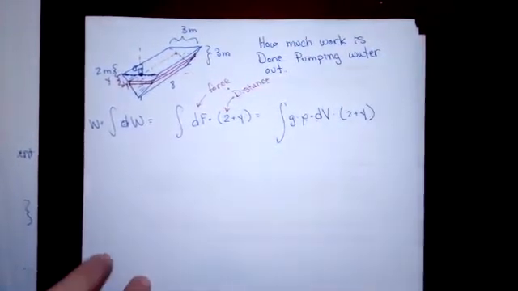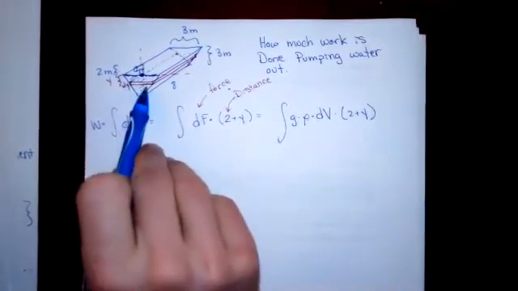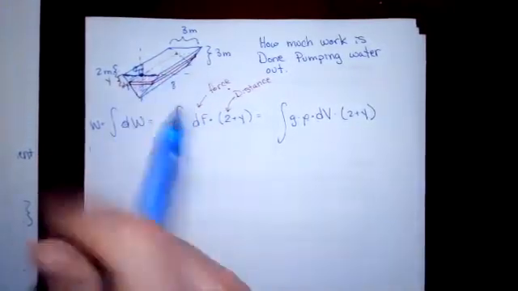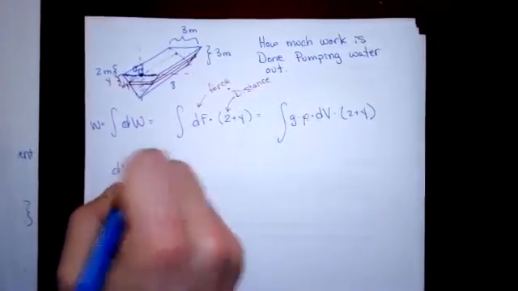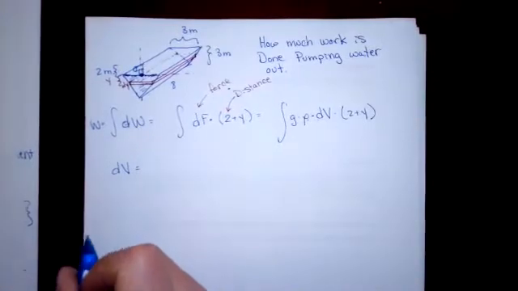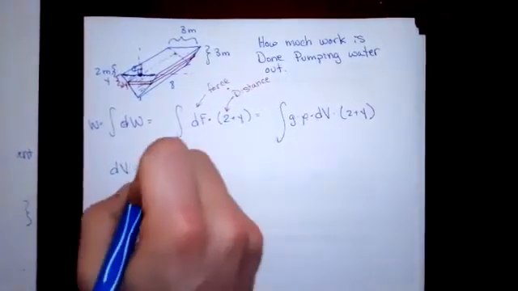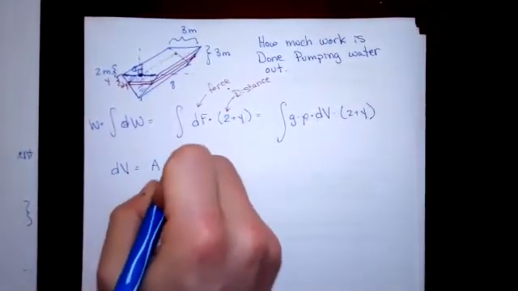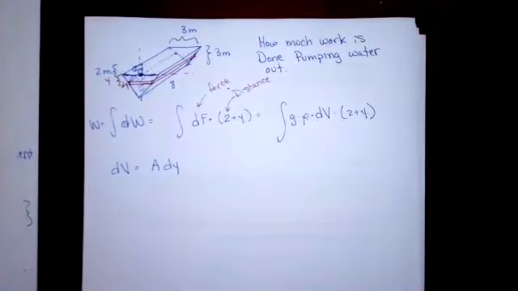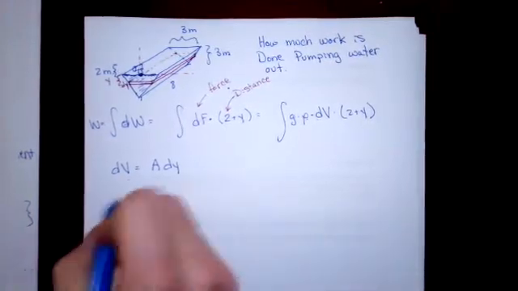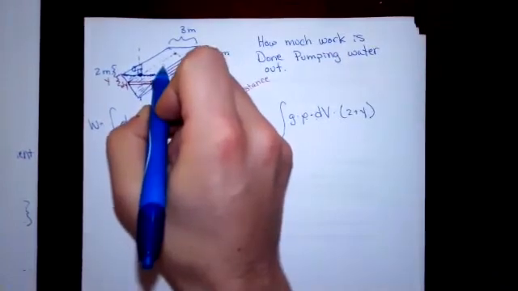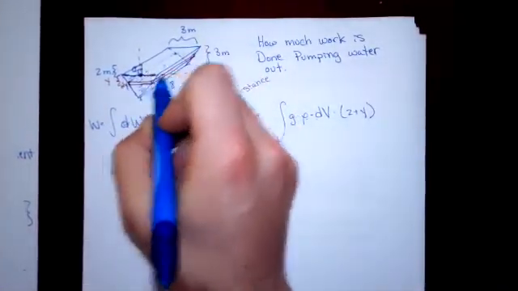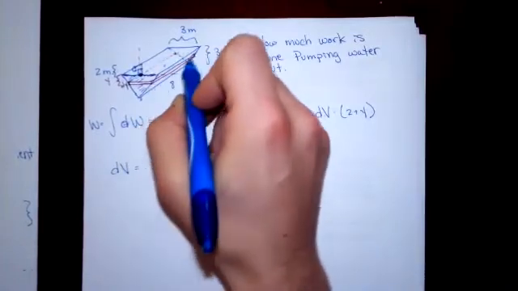The dV is really what we should be thinking about, because each of these slices has some infinitesimal piece of volume. So dV is the volume of this slice. That's going to be the area of each slice times its thickness of dy. And the area is something we're going to have to figure out. So the area, I mean the top area, is its length times its depth into the page.